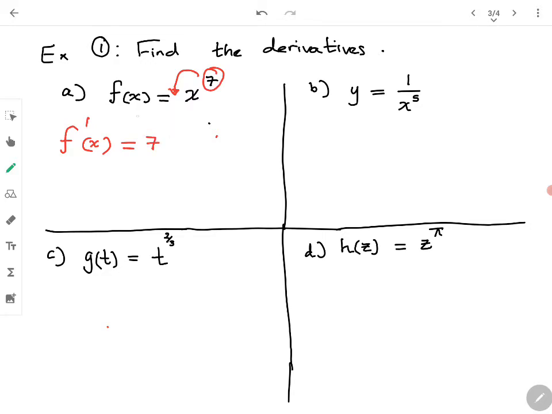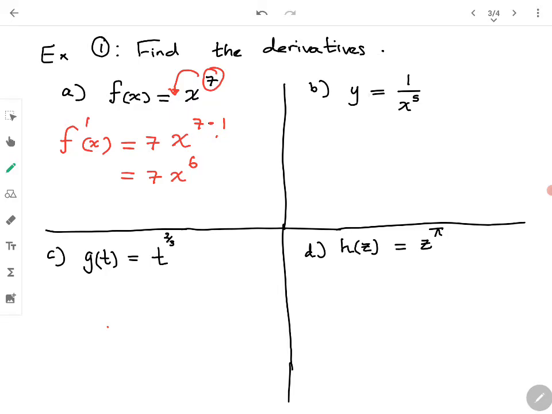So you bring 7 down in front and then subtract 1 from that power in the exponent. So 7 minus 1. Then just simplify it and you get the final answer. So the derivative of x to the 7th is 7 times x to the 6th.